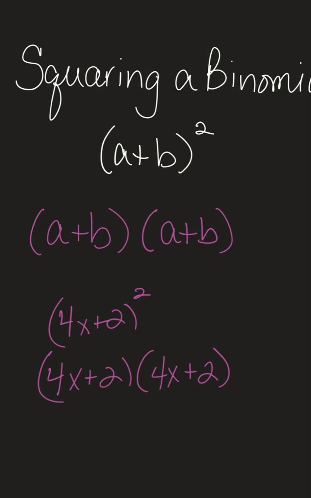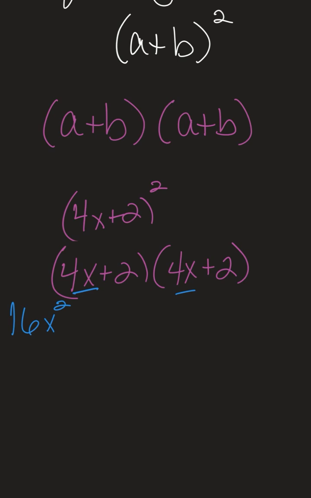So we're going to use the FOIL method, and we're going to do our first terms, which is 4x times 4x. So I get 16, which is 4 squared, x squared. And then I have my outside terms. So that's my 4x and positive 2.